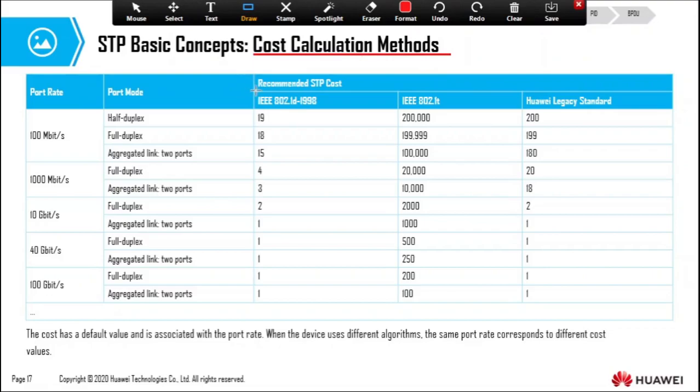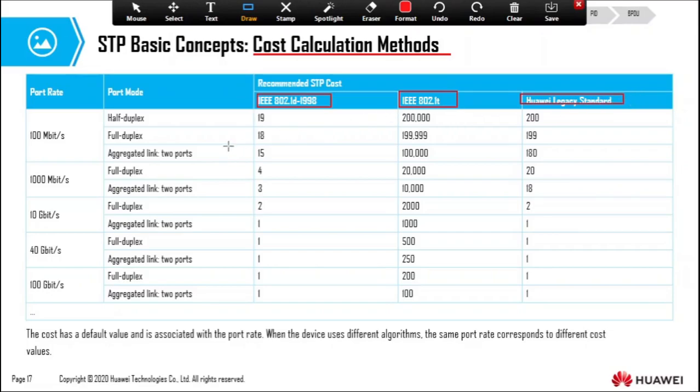Normally, we have three standards that can be used: IEEE 802.1d, then 802.1t, then a Huawei legacy standard. You can choose either of these to use in the calculation.